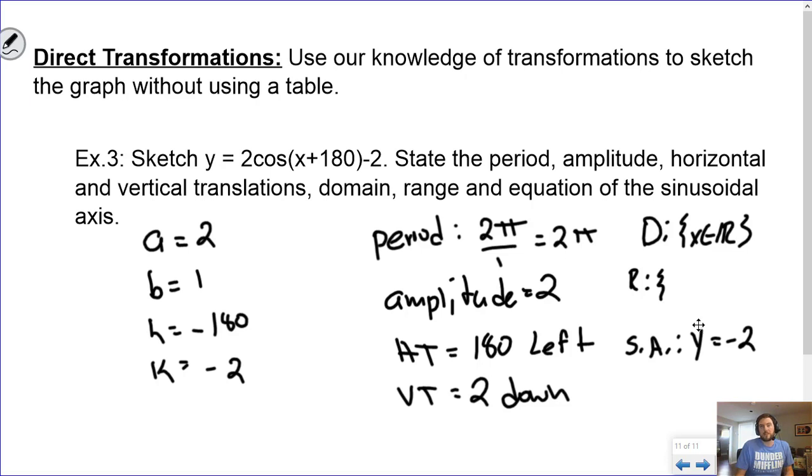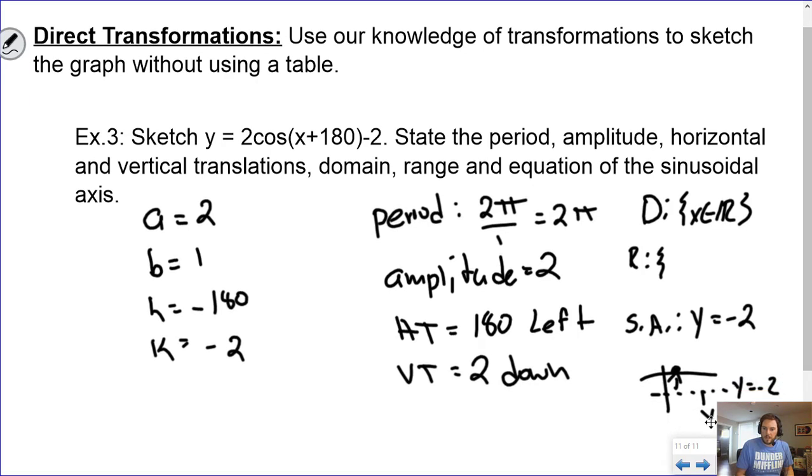So what that means is if I have my sinusoidal axis down here at y equals -2, from that sinusoidal axis, I go up 2 to get to my highest point, and I go down 2 to get to my lowest point. So my range is -4 less than or equal to y less than or equal to 0, and y is a real number.